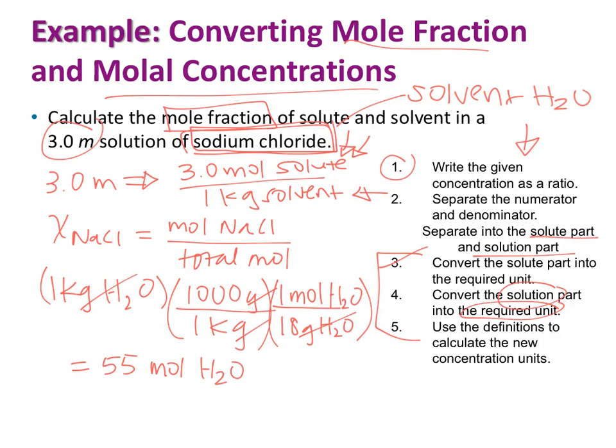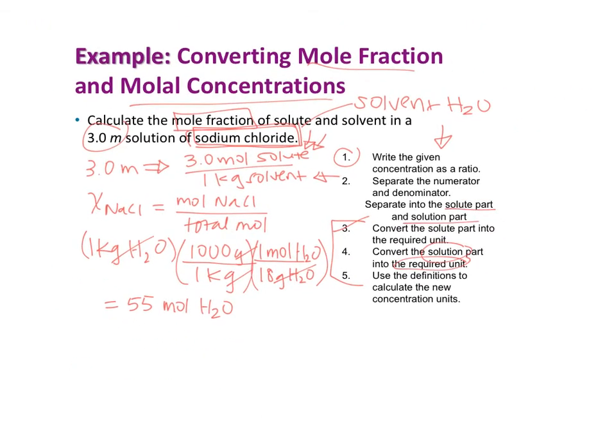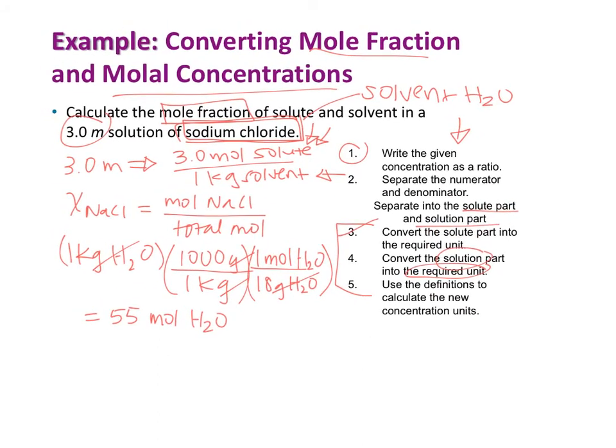So we get those moles of H2O, and now we can finally calculate the mole fraction of sodium chloride. So for sodium chloride, we would take the moles of sodium chloride, which is 3 mole. You don't really have to specify the type of mole because it ends up canceling out. You don't have a unit, so you can just say mole.